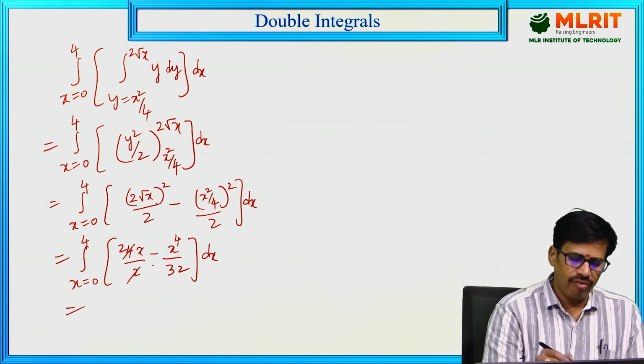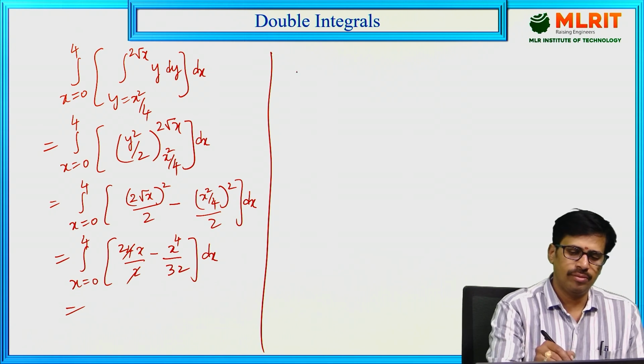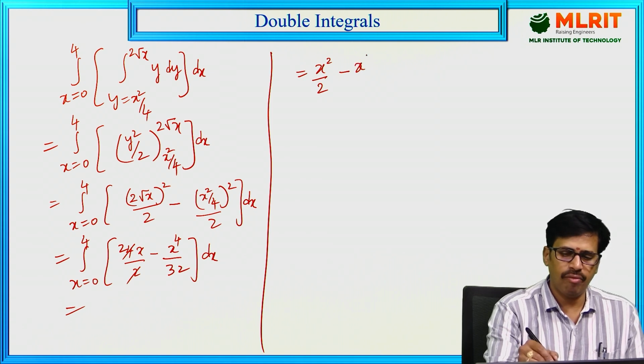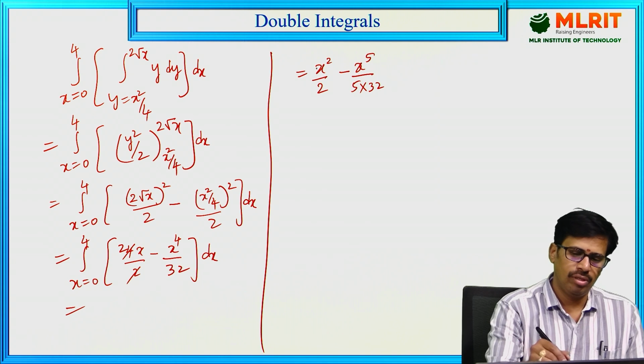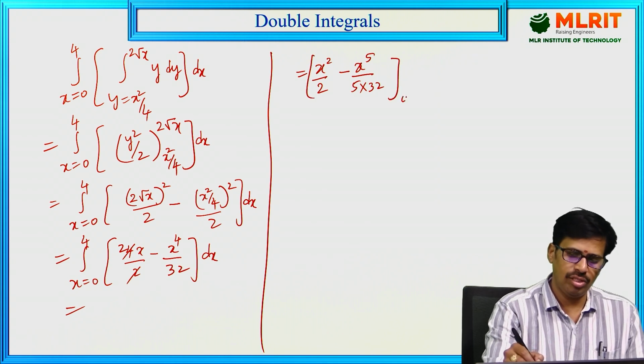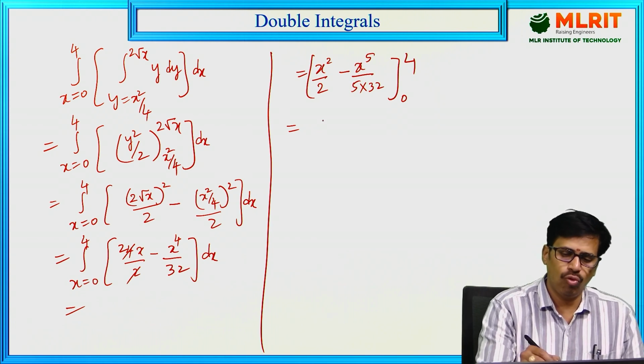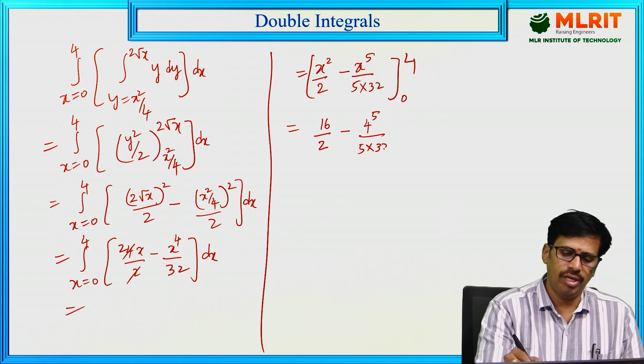So integration of x dx is x square by 2, minus x power 4 integration is x power 5 by 5 into 32. And what are the x limits? 0 to 4. So upper limit, in place of x, write down the upper limit 4, that is 4 square 16 by 2 minus 4 power 5 by 5 into 32.